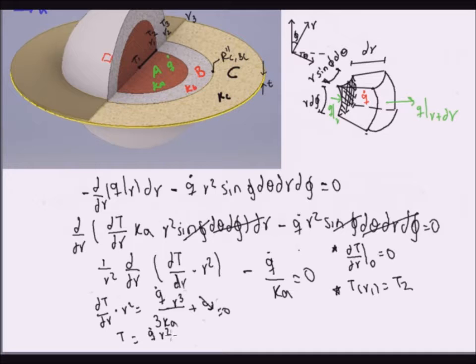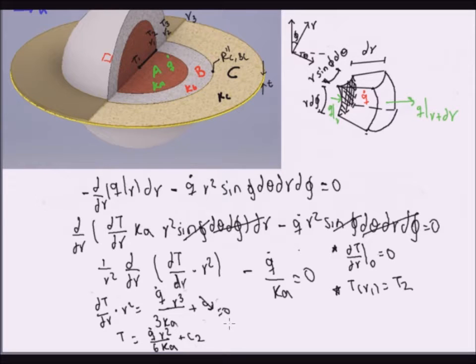Q times r squared, because we canceled out the r squareds and then we were left with an r, and then the integral is just r squared, and the 2 in the denominator multiplied by 3 gives us a 6 Ka, and then we add a new integration constant called C2. To solve for this integration constant, we need to use the second boundary condition that said that T2 was the temperature when we evaluated this temperature profile at R1.